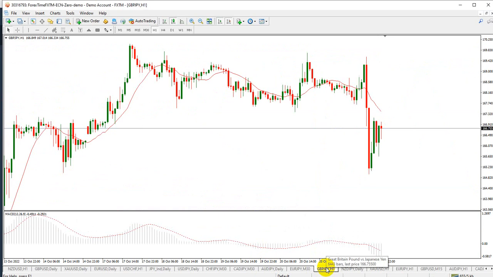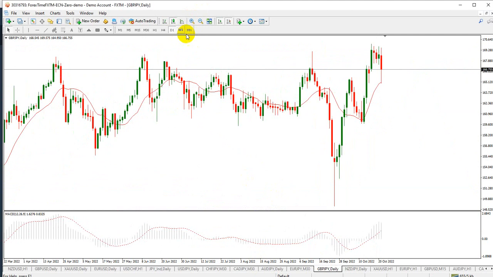Okay. So let's look at GBP JPY. GBP JPY. Let's look at daily time frame. Wow, I think on daily, wow, this is like the pattern that I'm seeing here. So look at it from this point.